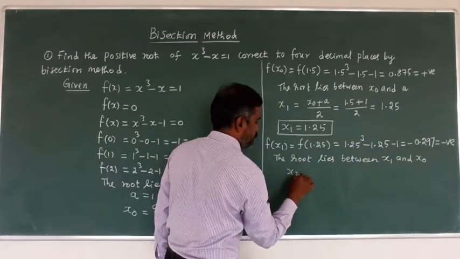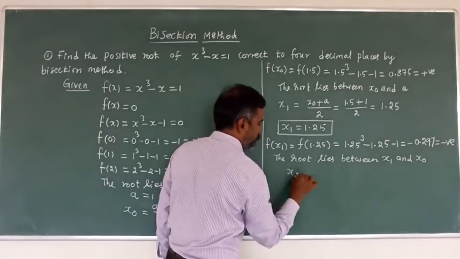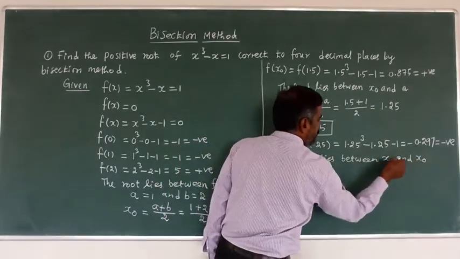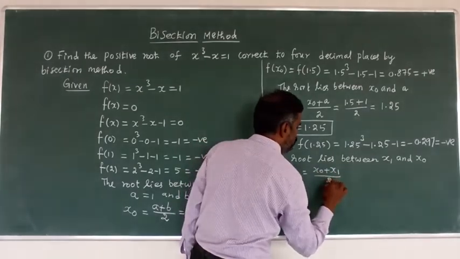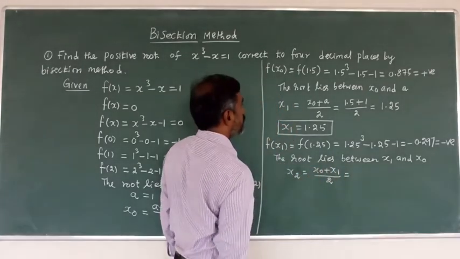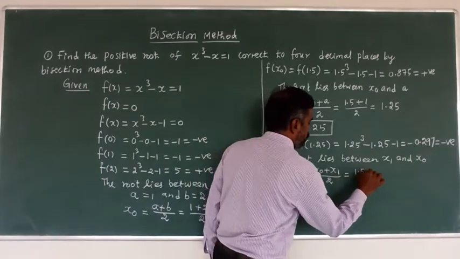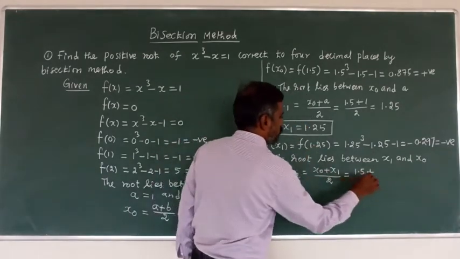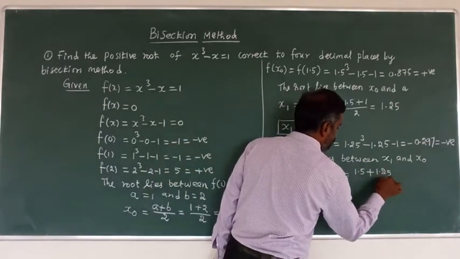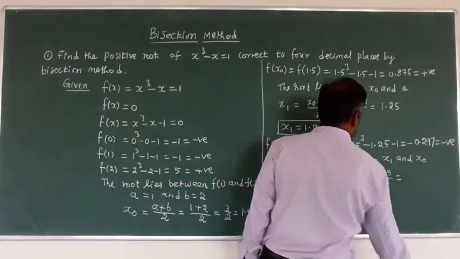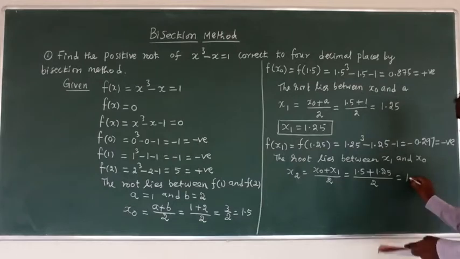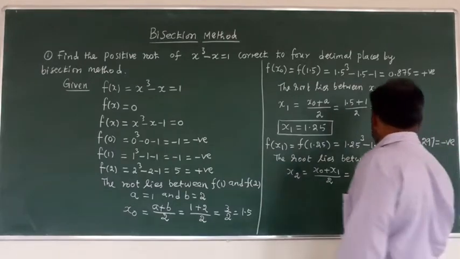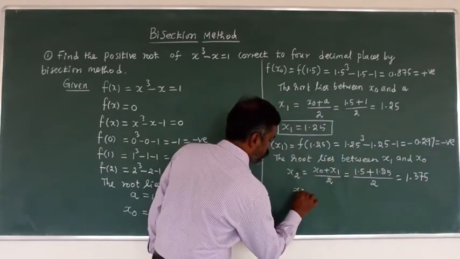Next, x2 equals the average of these two, x0 plus x1 divided by 2. X0 value 1.5 plus x1 value 1.25 divided by 2. Now the result is 1.375. This is the x2 result.